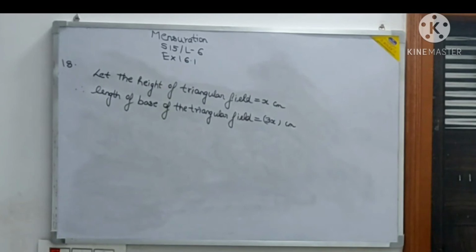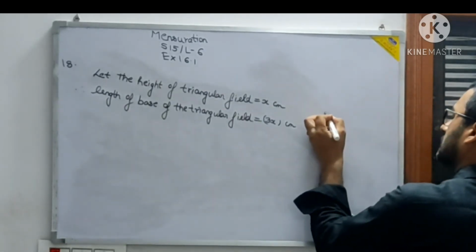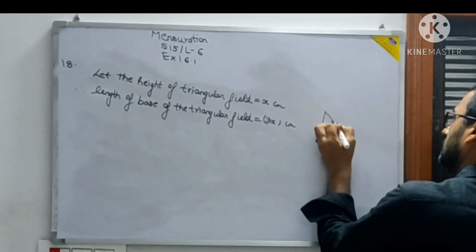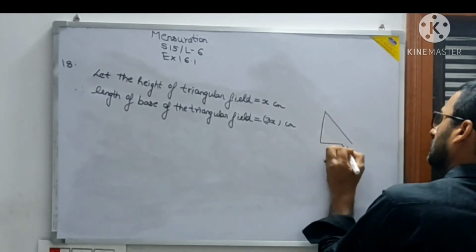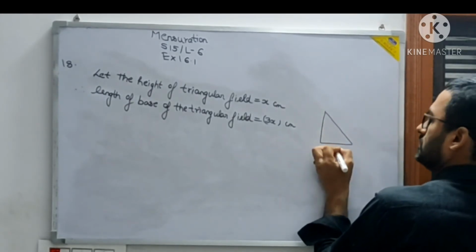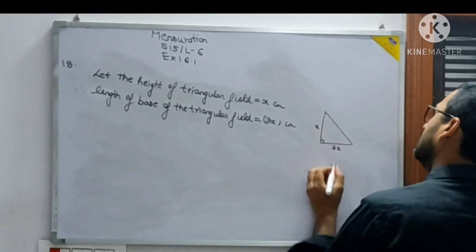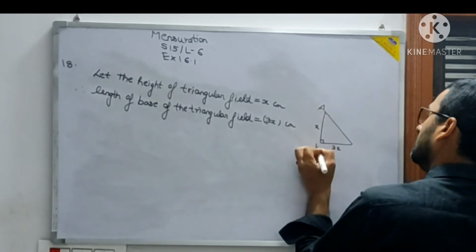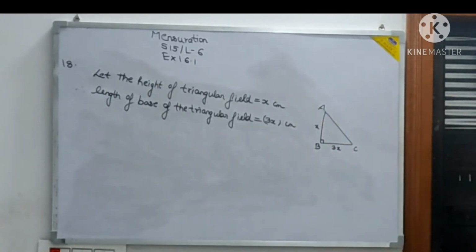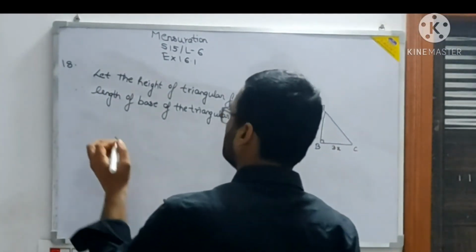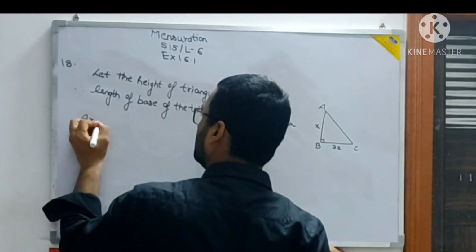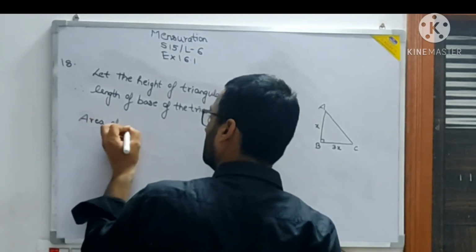If the cost of cultivating the field is given. Now see, when cultivating the field, base is how much? 3x, height is x. When we are cultivating the field, we are using the area. So area of field.